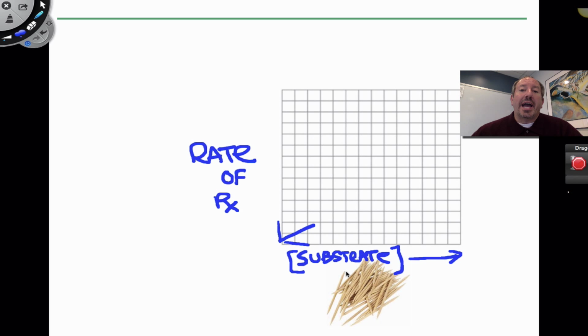If I were to add a bunch of toothpicks, because think about it, as you're breaking the toothpicks, you might be searching, like where's the, oh, there's one, or oh, there's one. If I dumped a whole bunch of toothpicks into that little tray, that might make it easier for you as an enzyme to be able to find the substrate. So check this out.